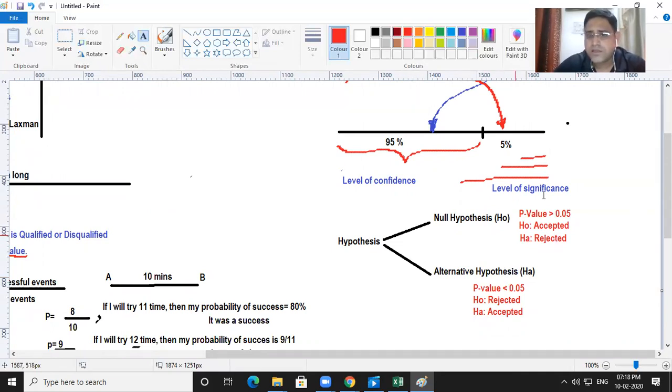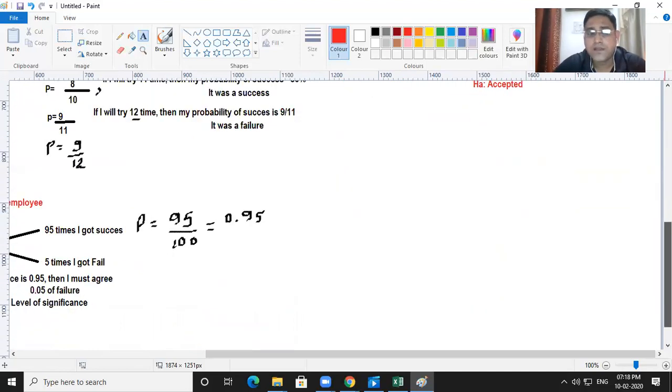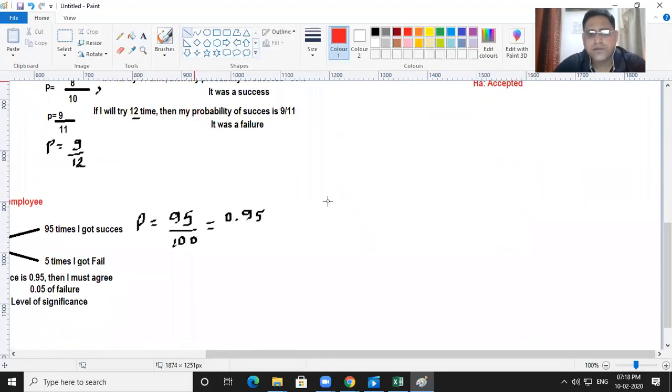Okay, so this level of significance is my 0.05. Let me take you to our bell curve, the normal distribution curve, if you remember.